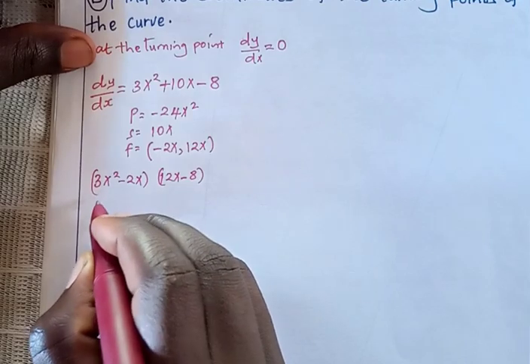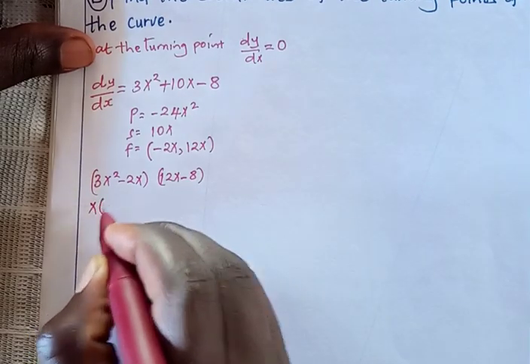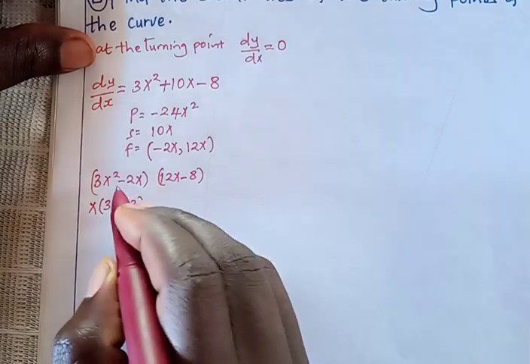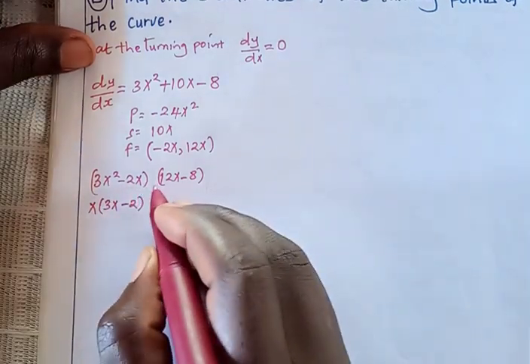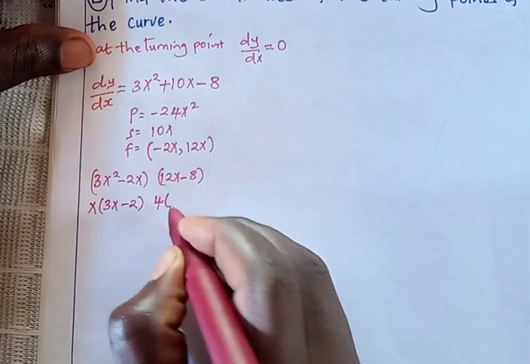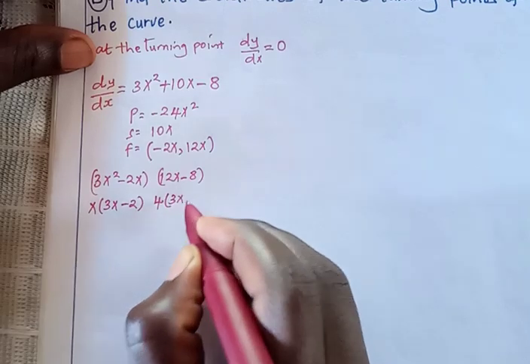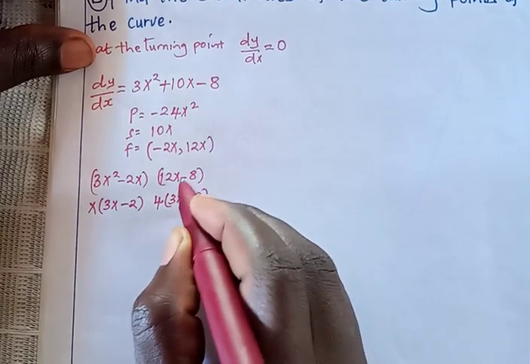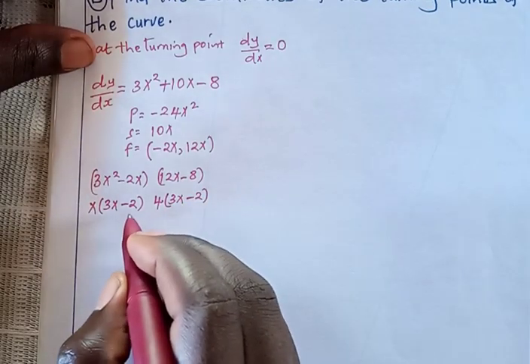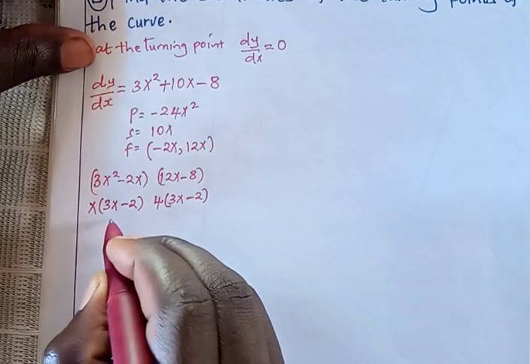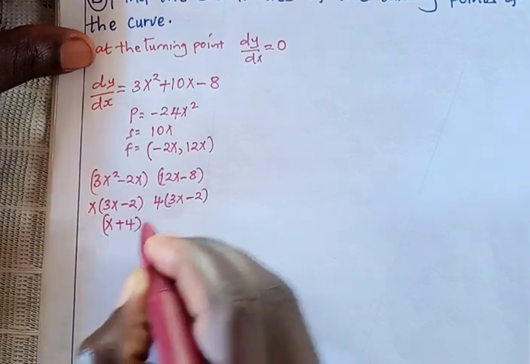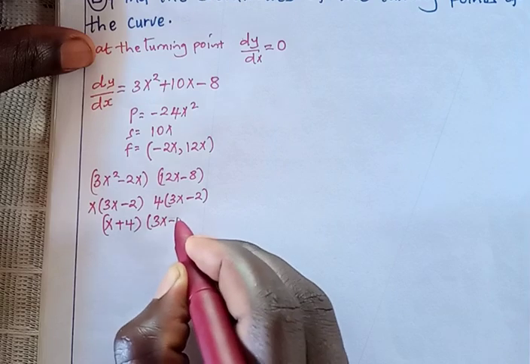In the first bracket, the common factor is x. You multiply x by 3x minus 2 to arrive at what we have up here. In the second bracket, the common factor is 4. If you multiply 4 by 3x minus 2, you obtain what we have here. Now that the two brackets are similar, we take one by saying x plus 4, multiplied by 3x minus 2.